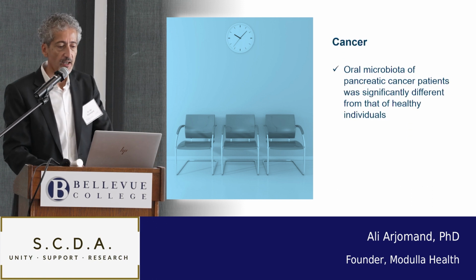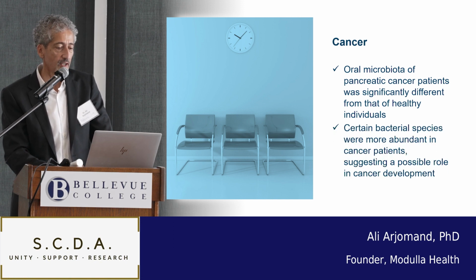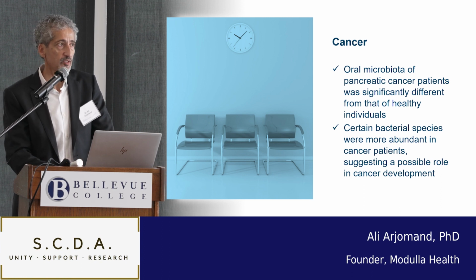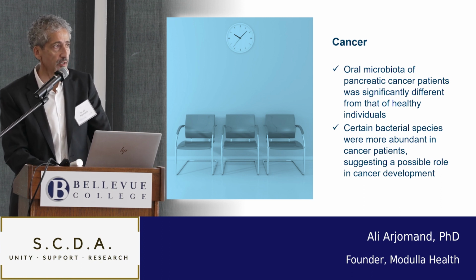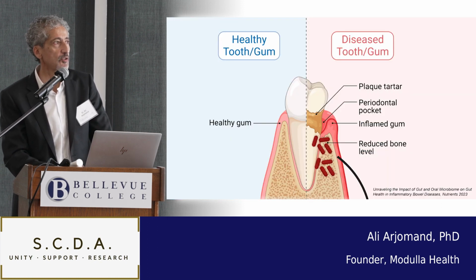In cancer, oral microbes of pancreatic cancer patients are, again, significantly different than healthy individuals, and certain bacterial strains are abundant in cancer patients, again suggesting a connection. So there's this big, broad range of systemic diseases that are pretty closely tied to what's going on in the mouth.